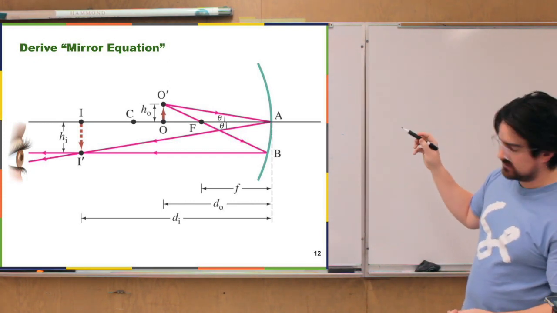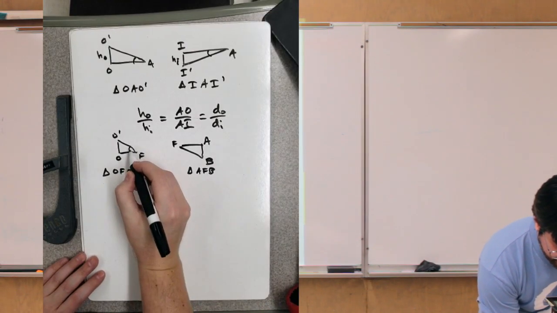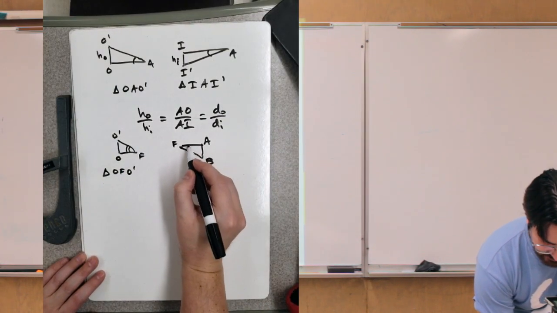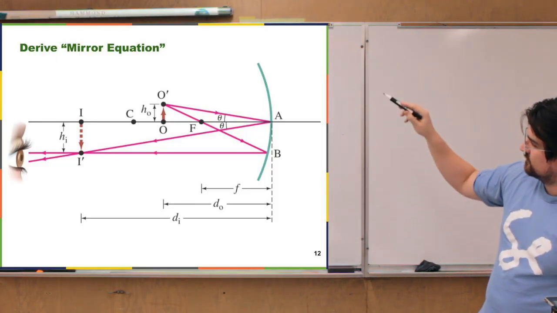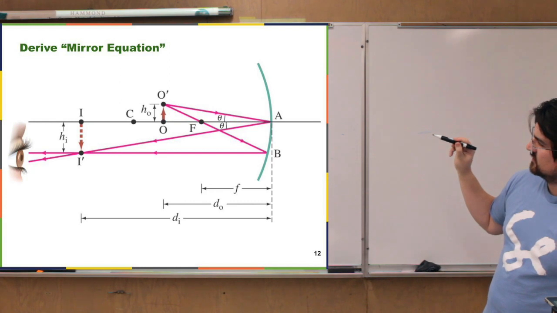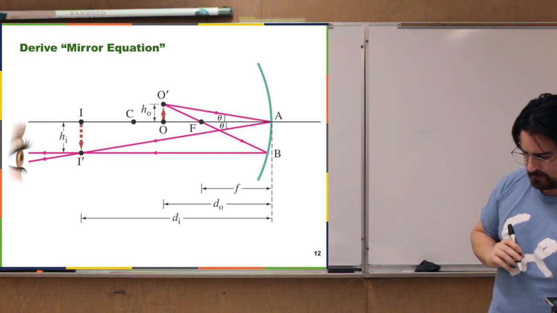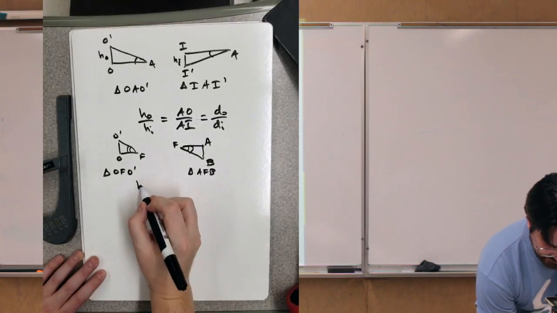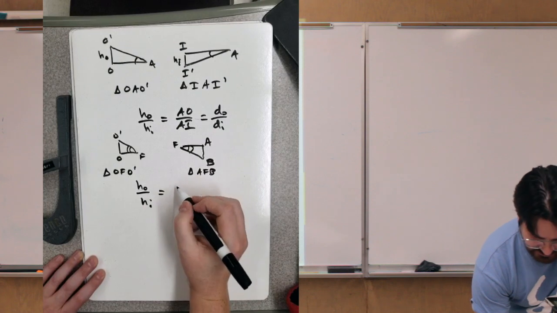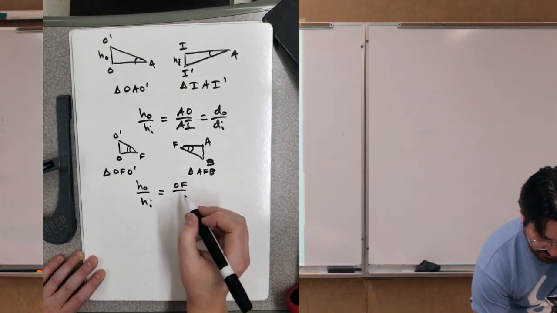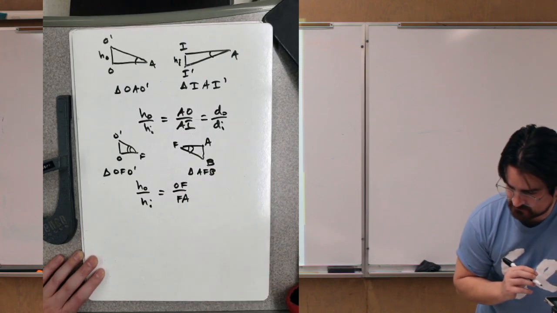If we do that, then again we're dealing with similar triangles where these two angles are the same. That angle O prime is just opposite the other angle, so they have to be the same angle. So again, we can write another relation, which is the ratio of these heights is going to be equal to the ratio of OF to FA.